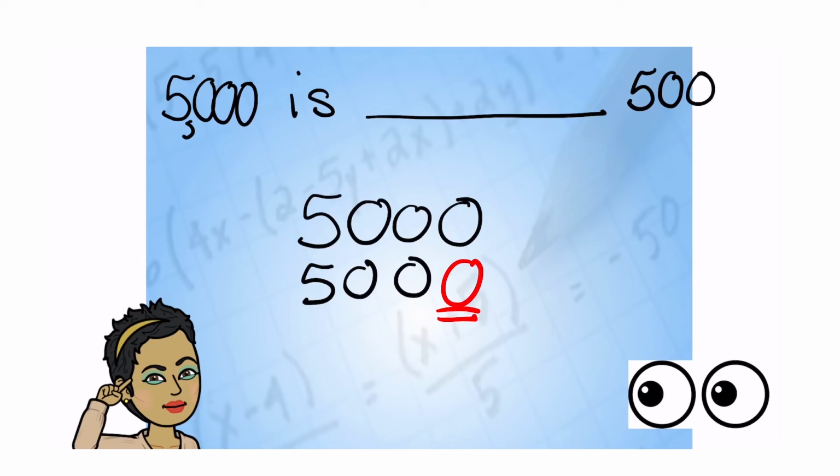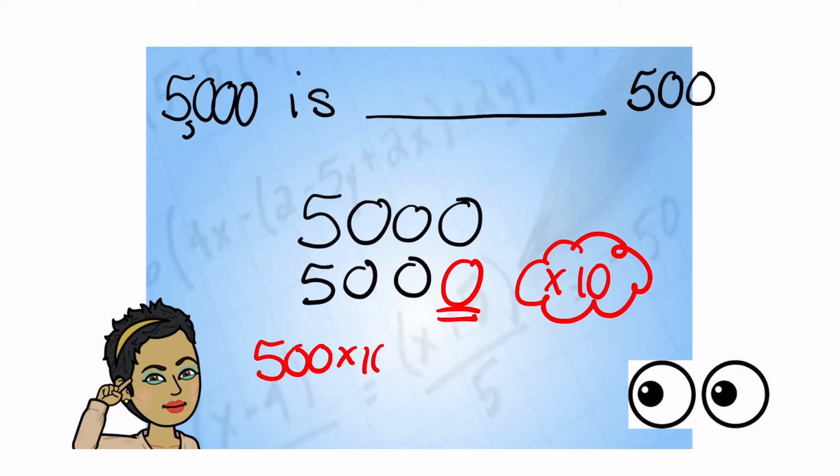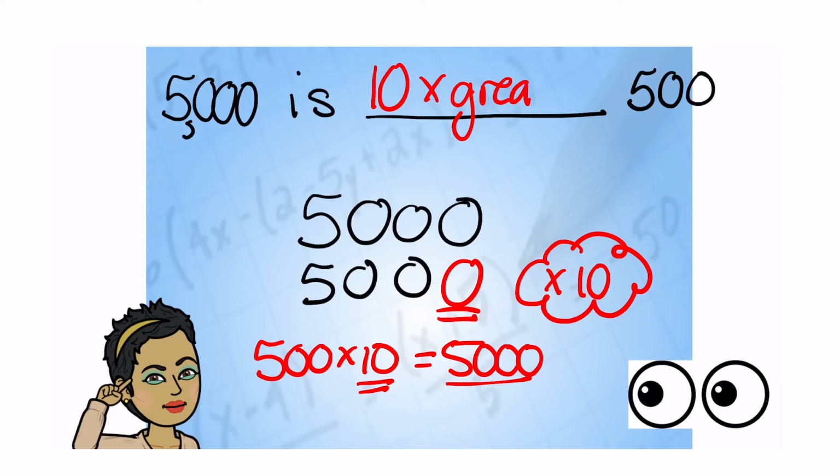And when we add a 0 to the back of a number, it's the same as saying times 10. So I want you guys to think about that. So if I just had that 500 and then multiplied it by 10, I would have 5,000. So that's telling me that 5,000 is 10 times greater than 500.